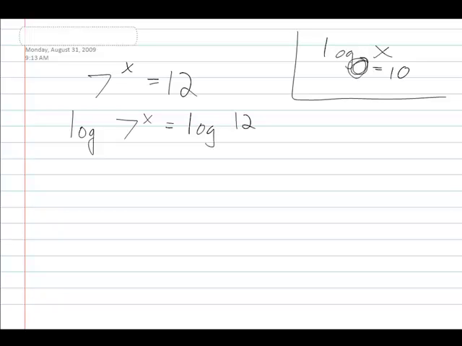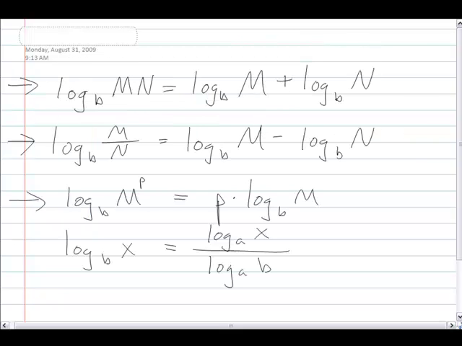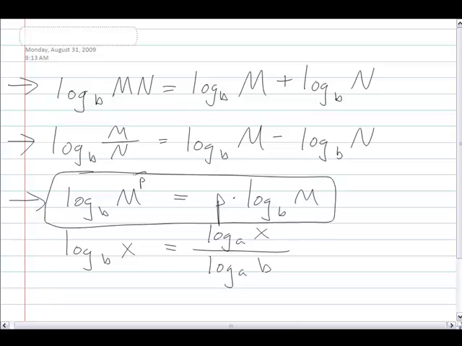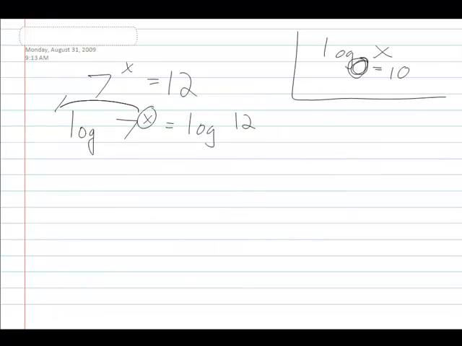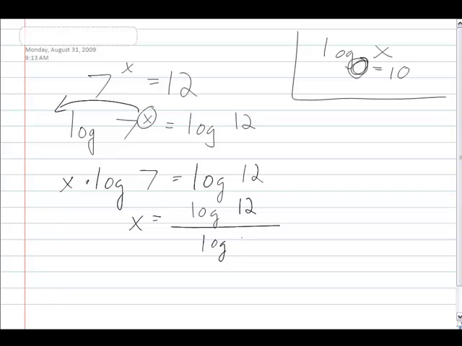Now, if we look at this property, we can take this power and throw it out front. Now we have x times the log of 7 equal to the log of 12. So x would equal the logarithm of 12 divided by the logarithm of 7. And this would be a problem for a calculator. But that's how you do it. If you didn't have a calculator, you would leave your answer in this form.